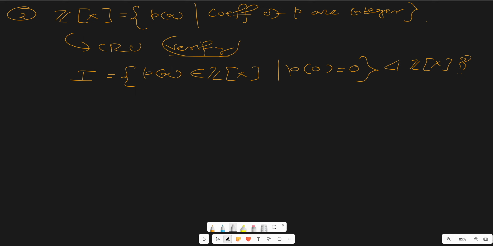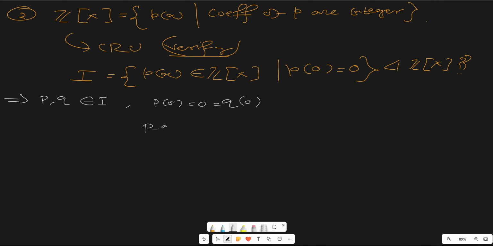Suppose p and q are two members of I. That means p(0) is 0, equal to q(0). I have to show that p minus q is inside I. So for that I have to show that p minus q at the point 0 is 0. So p minus q, what is happening?